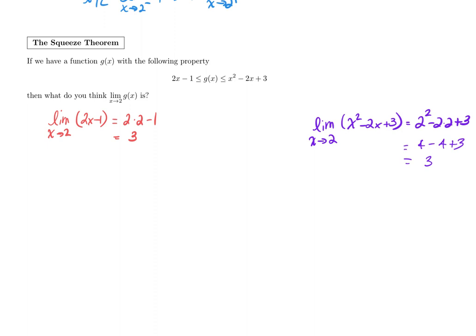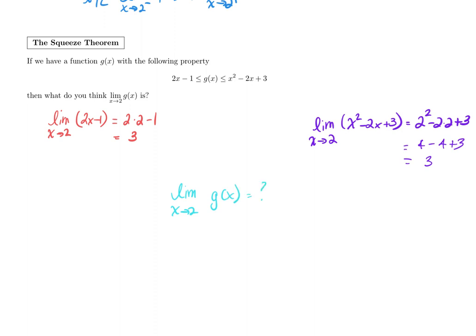So the limit of the function that is below or equal to g of x is 3. And the limit of the function that is above or equal to g of x is also 3. So what do you think that implies about the limit of g of x, which would be stuck in the middle here? What is our limit as x approaches 2 of g of x?